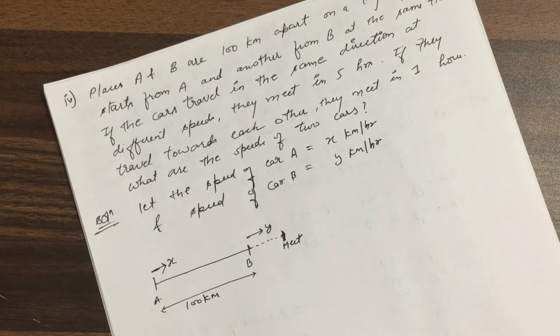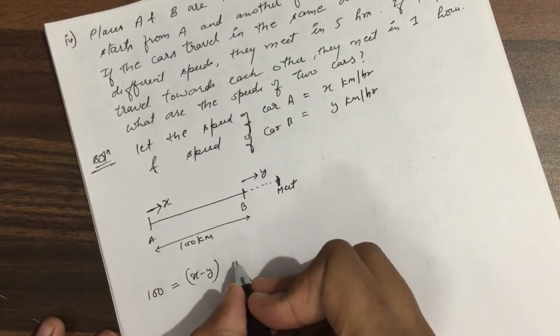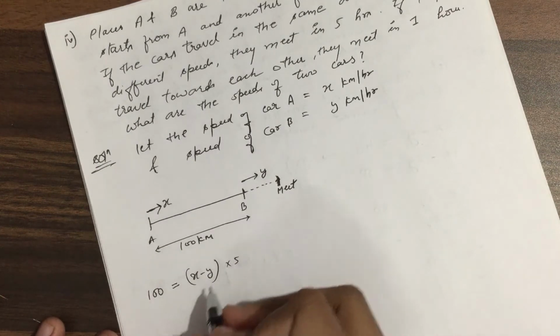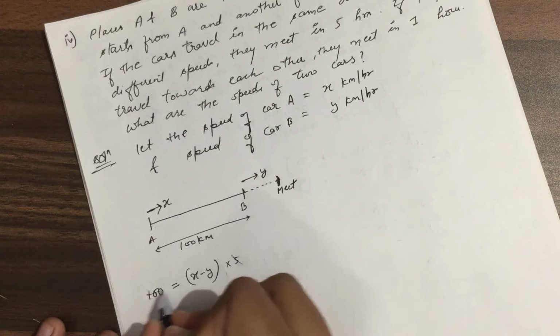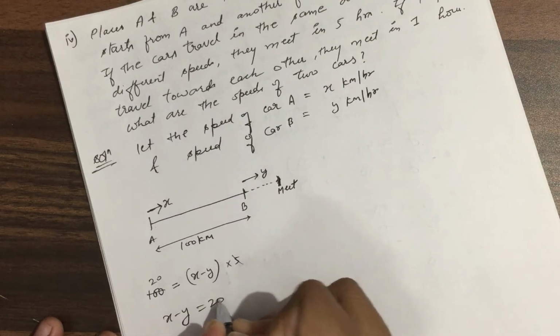Now we apply distance equals speed into time. So distance is 100 km, and relative speed x minus y into time of 5 hours. So this is your equation 1. Simplify: 100 by 5. This will give you x minus y equal to 20.